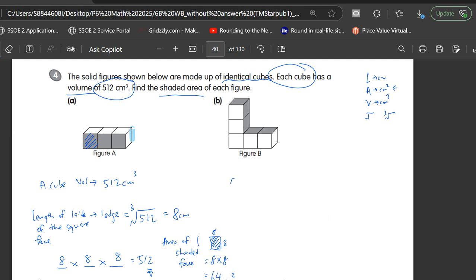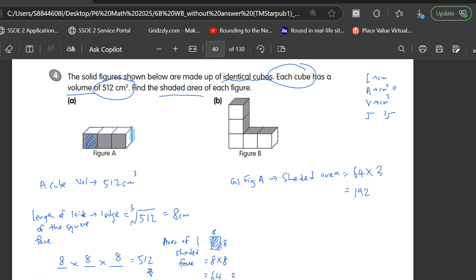So for figure A, the shaded area is 64 times how many faces? 3, that's correct. Which is 192.